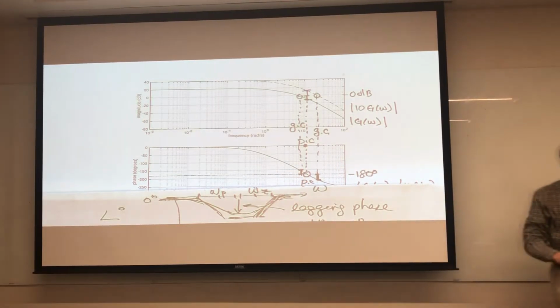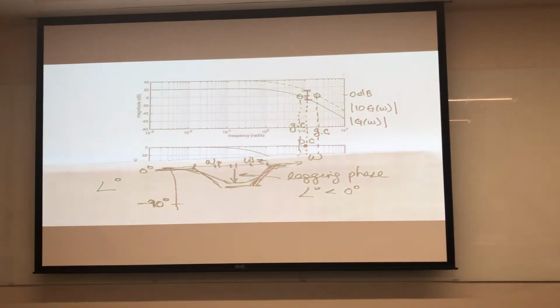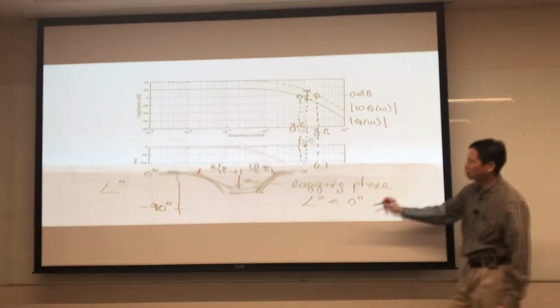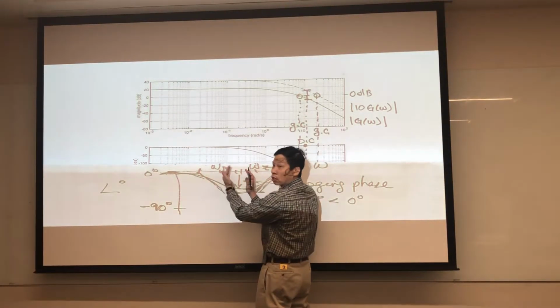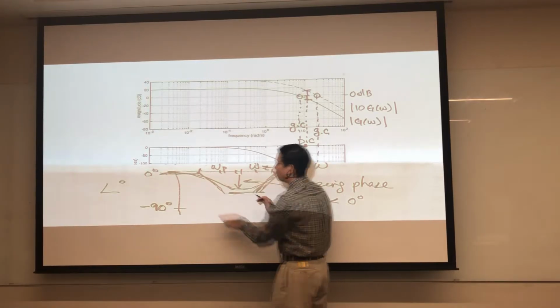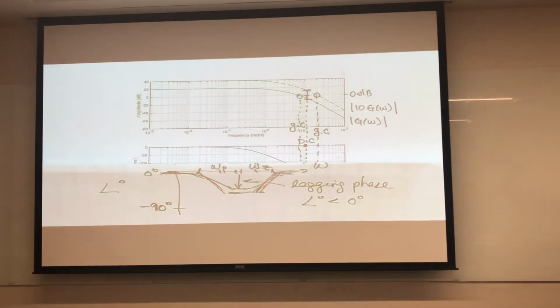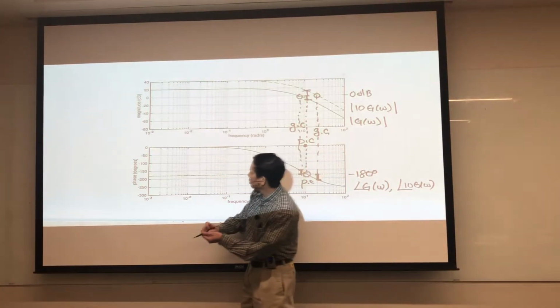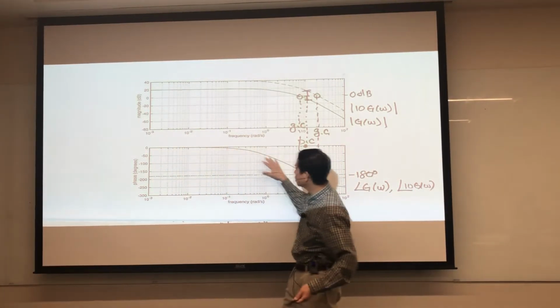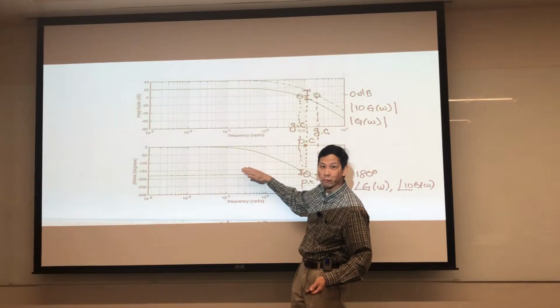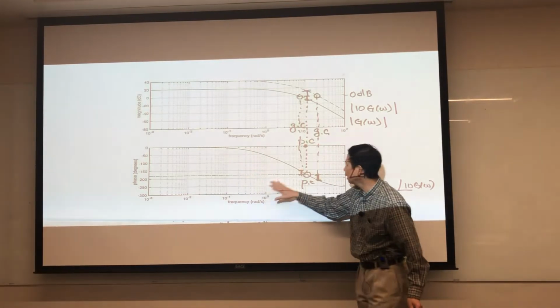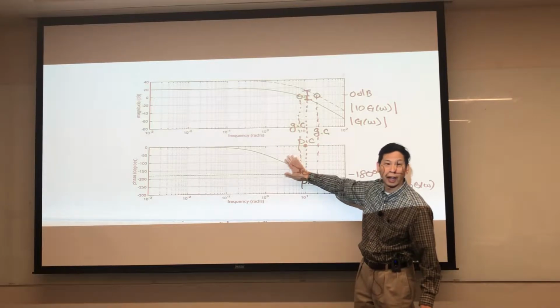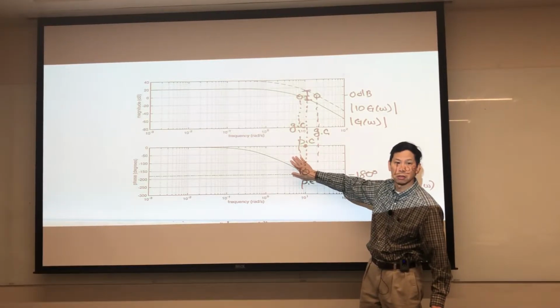We'll never introduce more than 90 degrees. The amount of lag that you introduce will be dependent on the separation of omega z and omega p. It'll never be more than 90 degrees. So you can get an idea looking at the scale: 90 degrees is this much. Things are going to dip down, but never more than 90 degrees. But I need to make sure it stays away from where I am making my stability margin measurements.